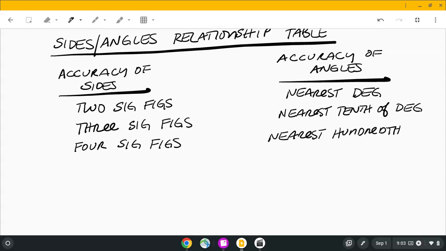That's two decimal places. So keep that in mind while we are solving triangles.